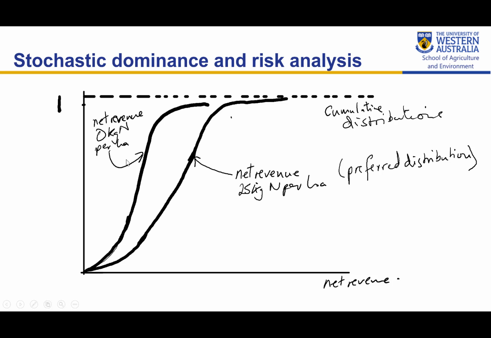So with 0 kilograms of nitrogen, then this is the cumulative distribution of returns, and with 25 kilograms of nitrogen per hectare, then this is the distribution of returns. And because this distribution here is everywhere to the right of this distribution, then we say that this distribution with 25 kilograms of nitrogen stochastically dominates this distribution.